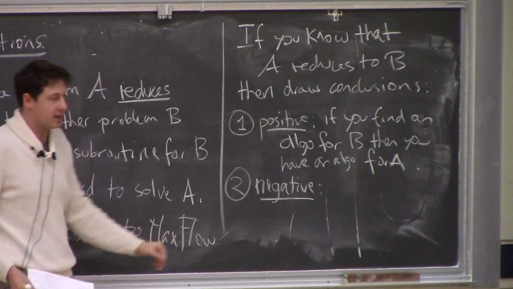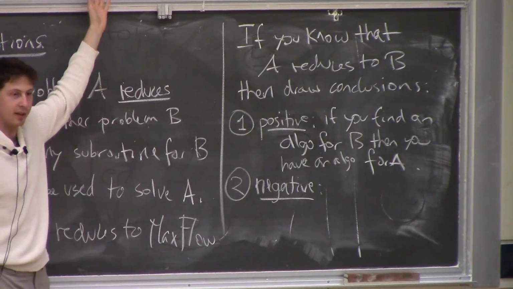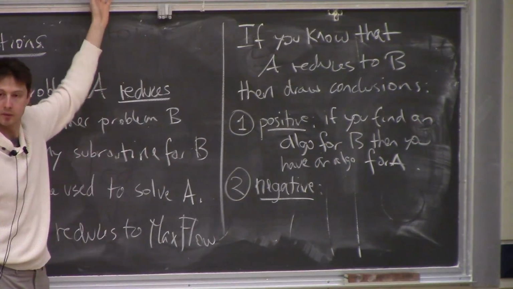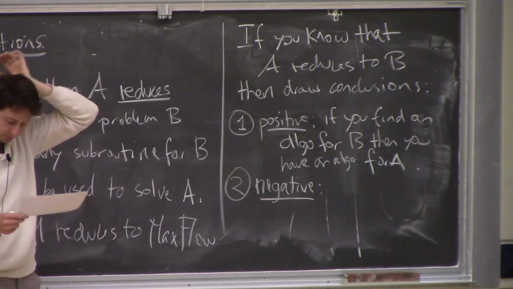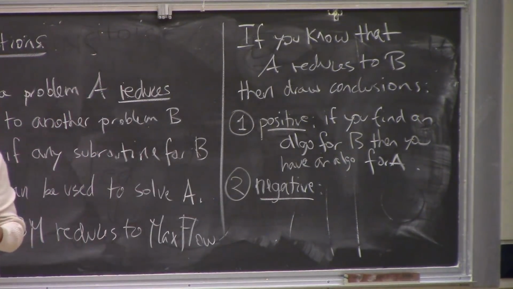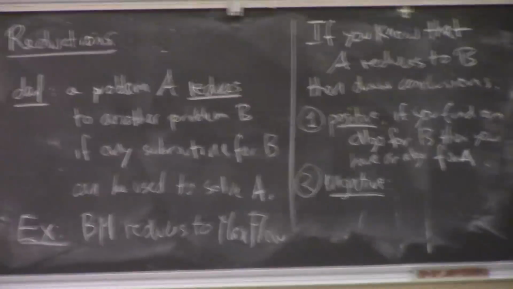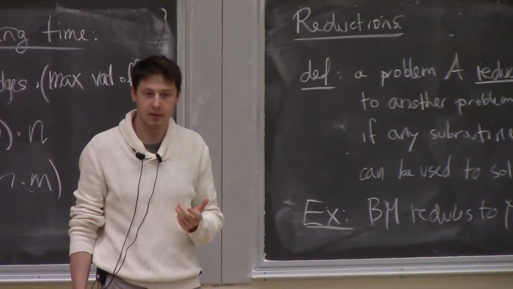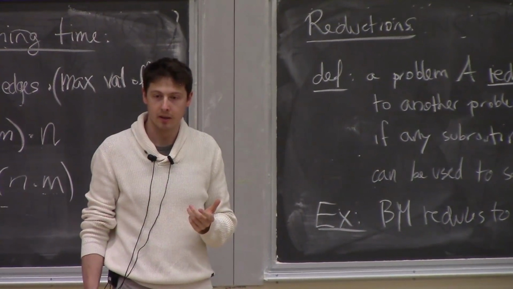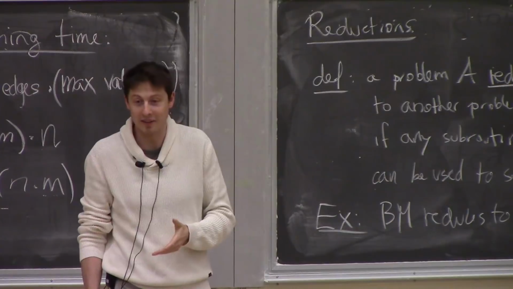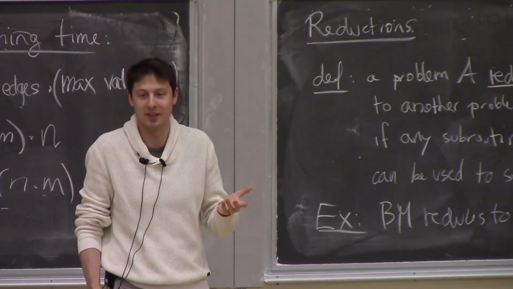So the negative thing is, what is kind of the other conclusion that I can draw from this? Yeah, so another way to put it is that if I believe that A doesn't have an algorithm, then B shouldn't either, okay? Because if it did, then A would have it, right? So this is what the reduction tells us, right?